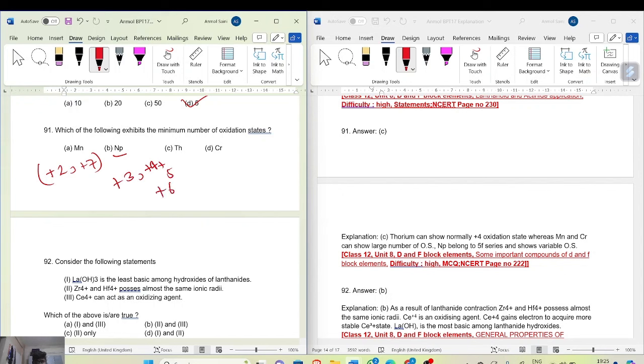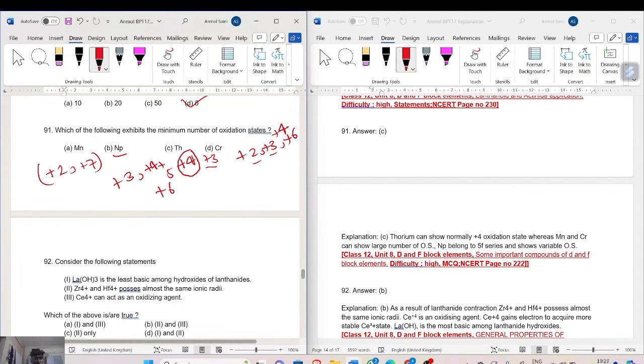Thorium can exhibit +4 and +3, but the most common and most stable is +4. +3 is very rare, you can say. And chromium is +2, +3 to +6 also, sometimes +4 also.